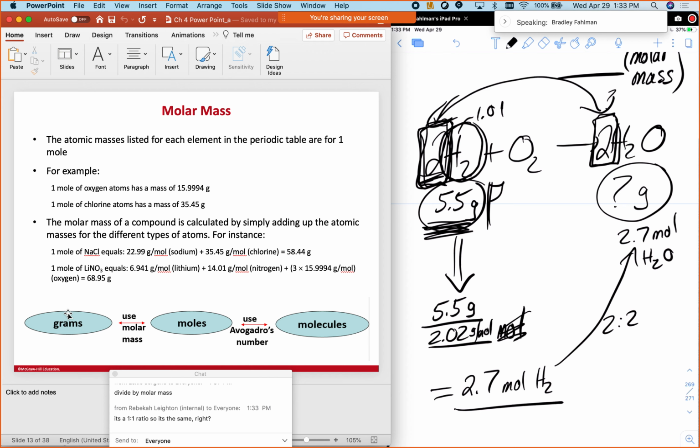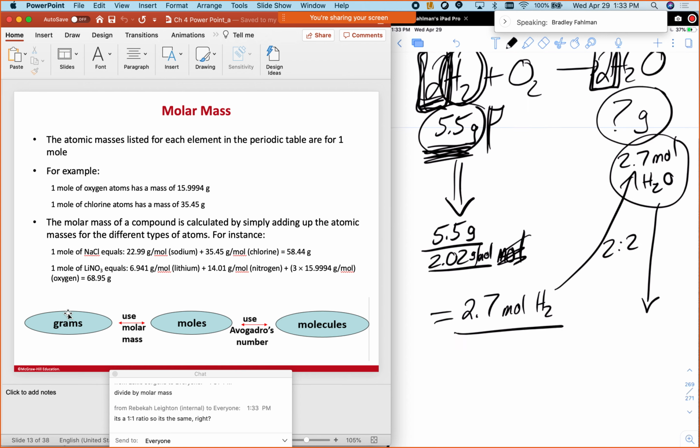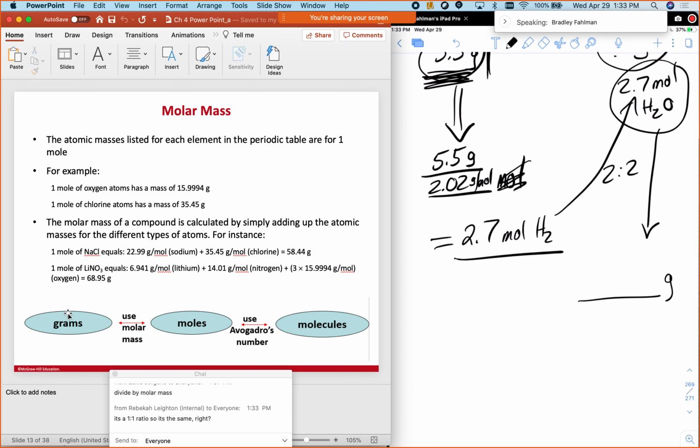So 2.7 moles of water, and then our final step, we want to know grams of water. So you're going to multiply by its molar mass or molecular weight.